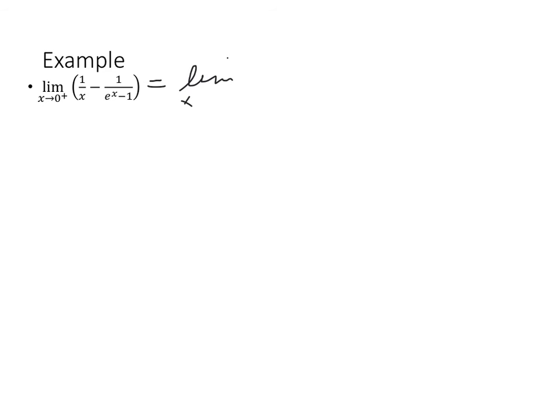So we're taking the limit as x goes to 0 from the right. And if we use the common denominator x times e to the x minus 1, what we wind up with is this expression in the top, e to the x minus 1 minus x, all over x times e to the x minus 1.